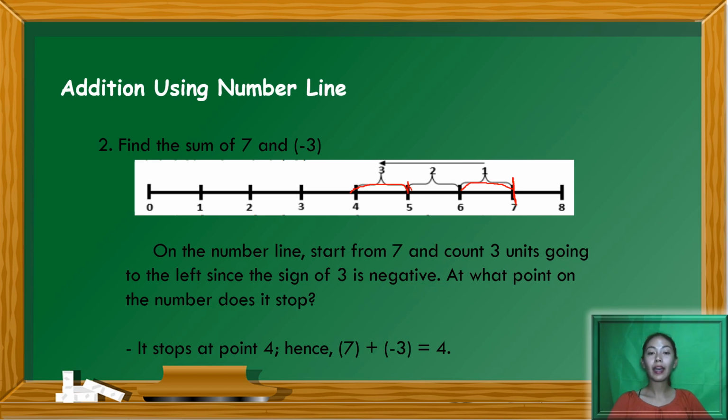It stopped at 4. So hence, 7 plus negative 3 is 4. Using the rule, why is it positive 4? Since they have unlike signs, the number with the greater absolute value is 7, and 7 is positive, so that is why our answer is positive.